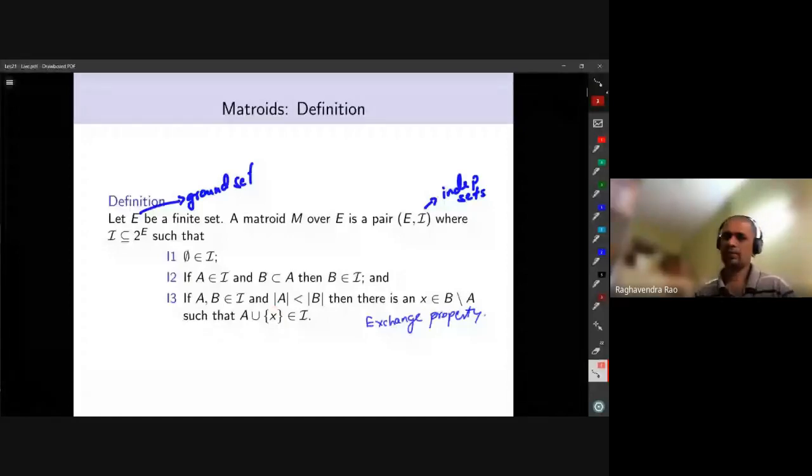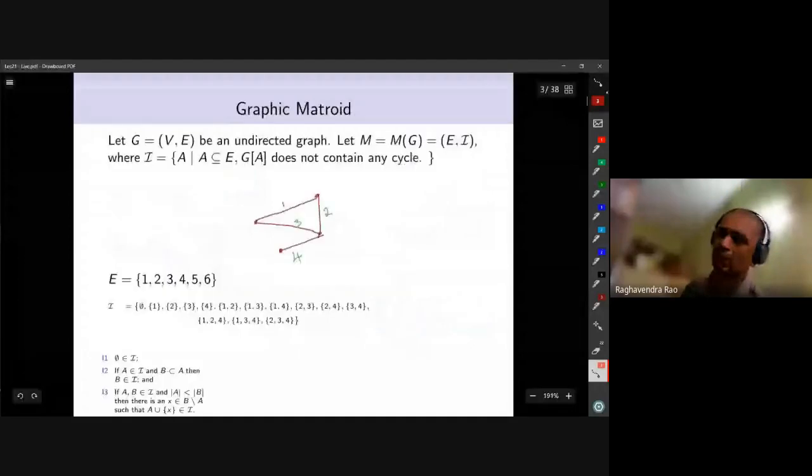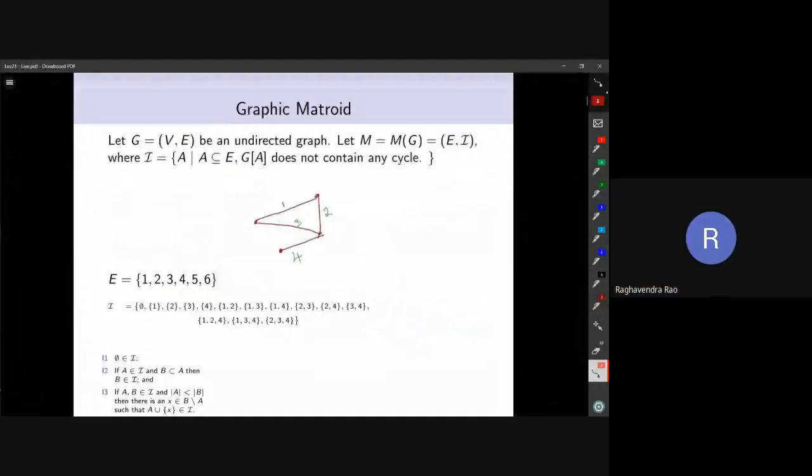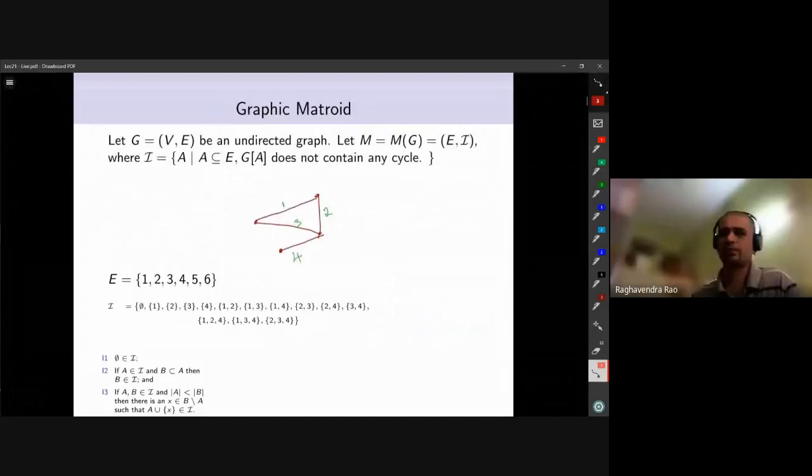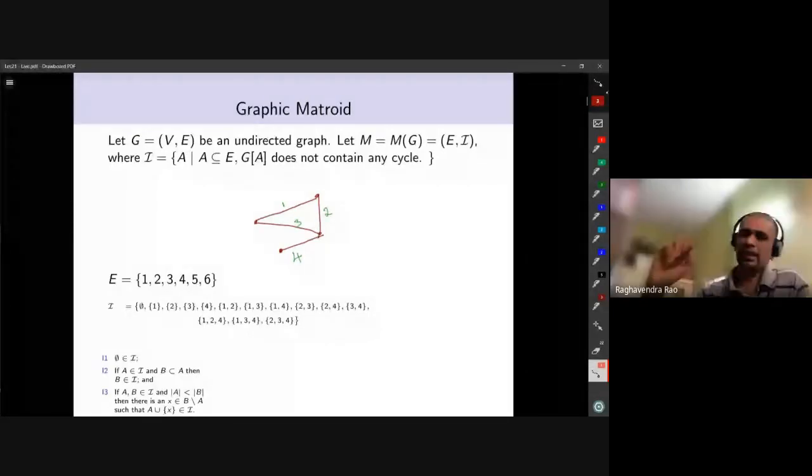In the last lecture we defined one matroid which is based on graphs. Let's quickly look at it. Today we'll be proving that this object that we defined from a graph is in fact a matroid. Take any undirected graph. Now I'm going to define a matroid-like structure, and I'm meant to prove that it is a matroid.